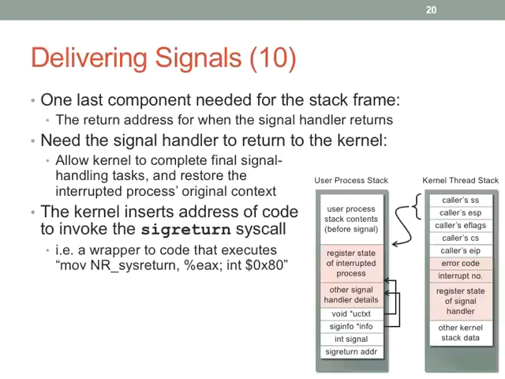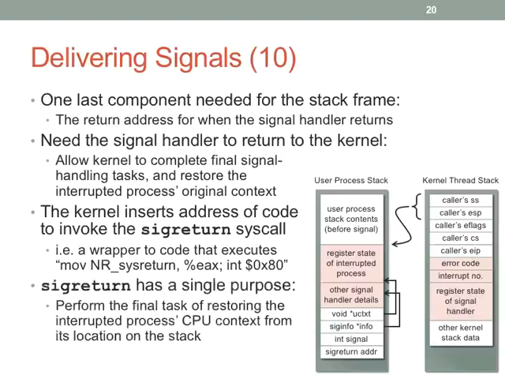It's a system call, so you can see we basically have this little bit of code that has to be invoked. Move the sigreturn system call number into EAX and then invoke int 0x80, or whatever it might be if we're going to do a sysenter or something like that. And sigreturn, all it does is take that machine context off of the process stack and restores it.